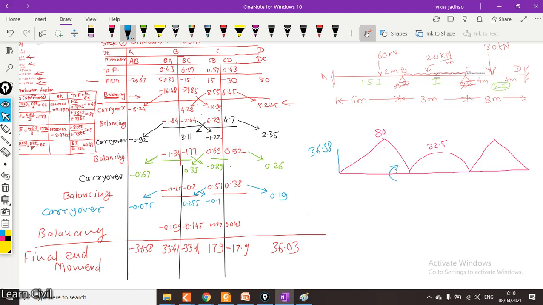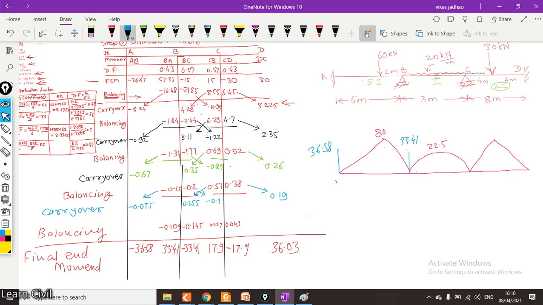So on the positive or clockwise face, you have to draw 33.41. Just write down here 33.41. This is the fixed end moment value.